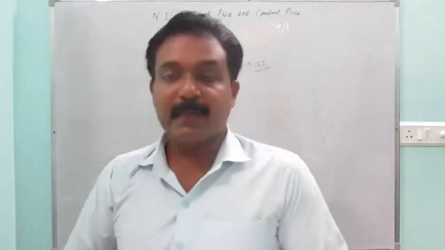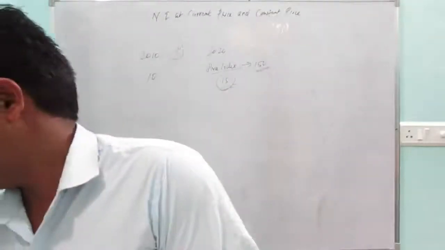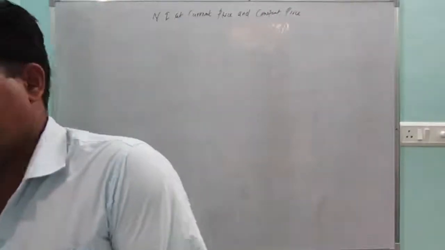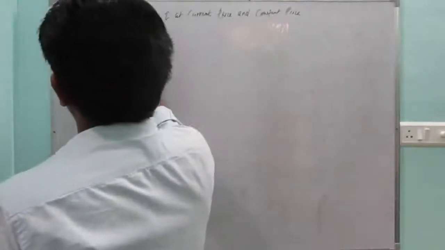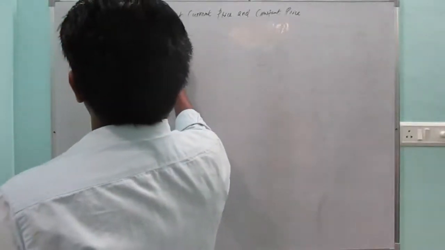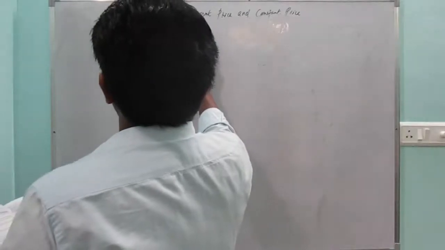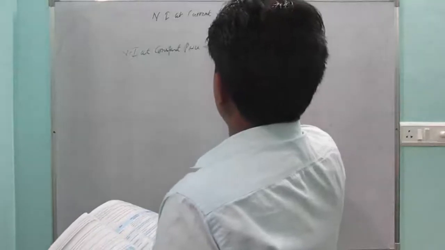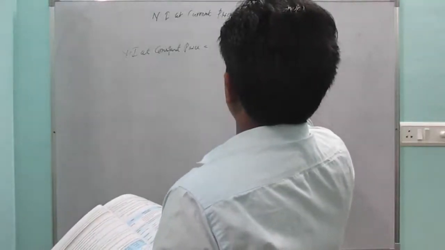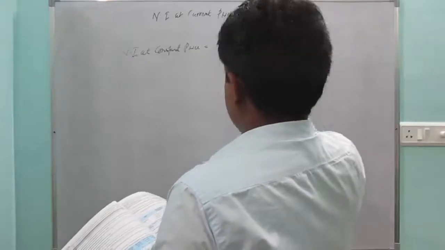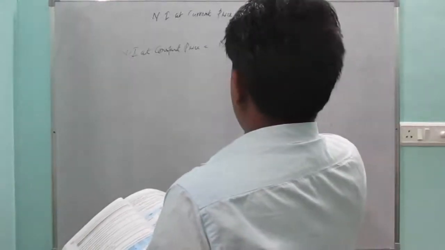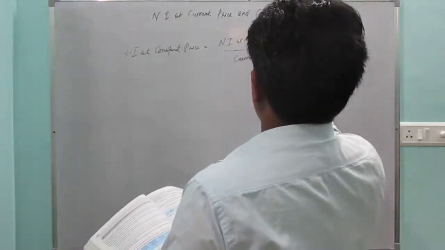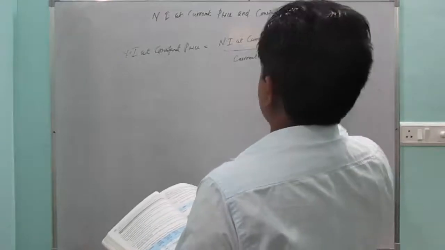National income at a constant price is equal to national income at current price divided by current price index into 100.